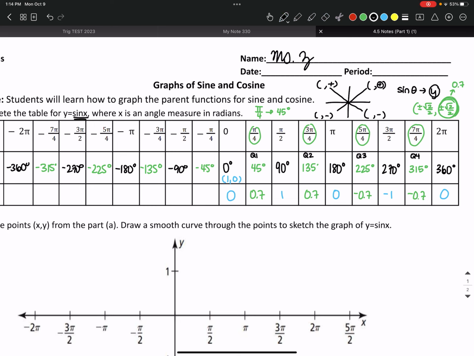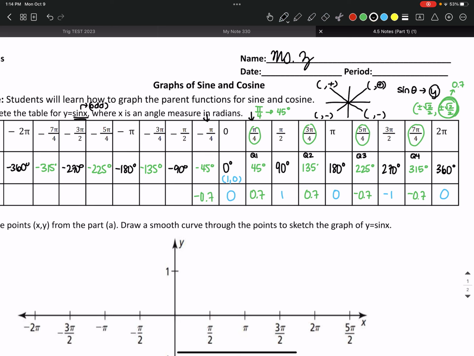I know sine, like I said before, is an odd function, which means that if I were to plug in the positive version of the angle and then the negative version of the angle, I would get the opposites. So if I plugged in positive pi over 4 and I got 0.7, then if I plugged in negative pi over 4, I would get negative 0.7.